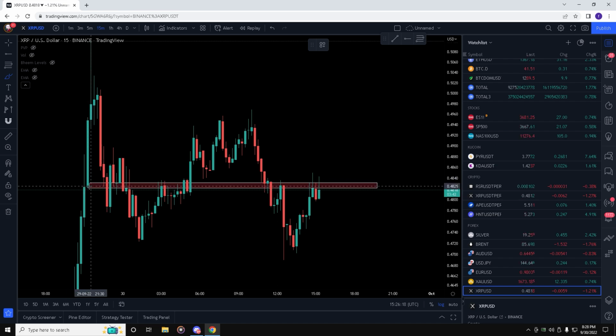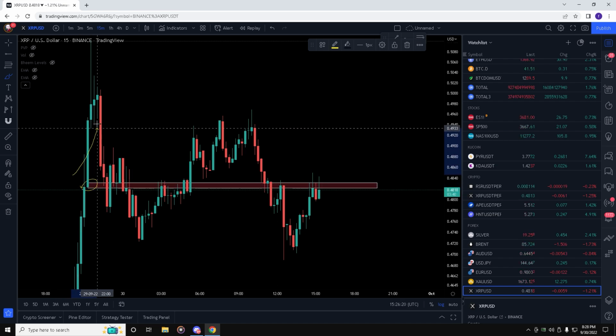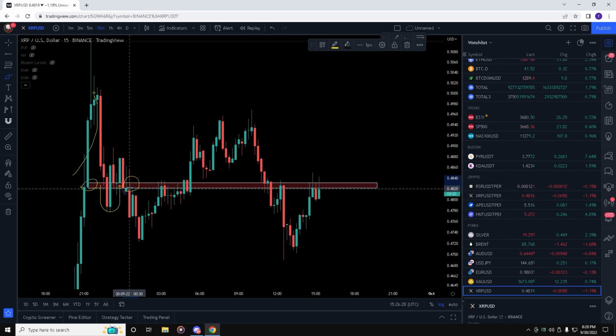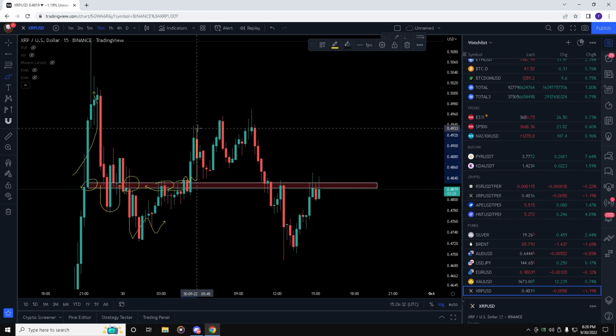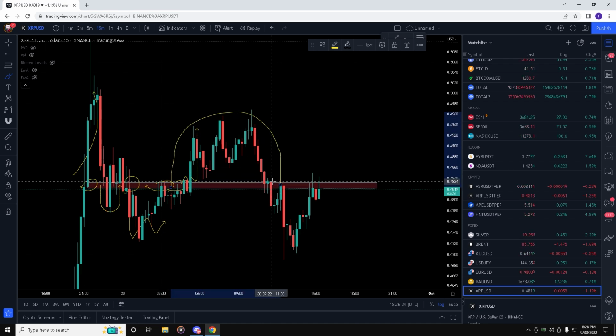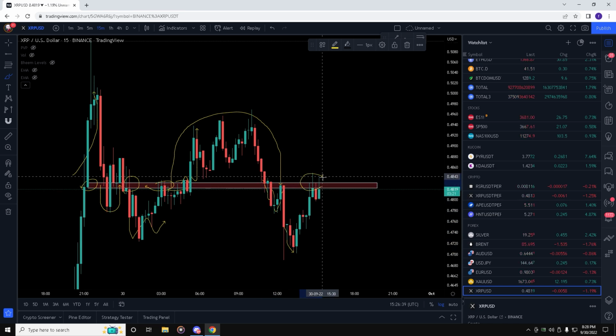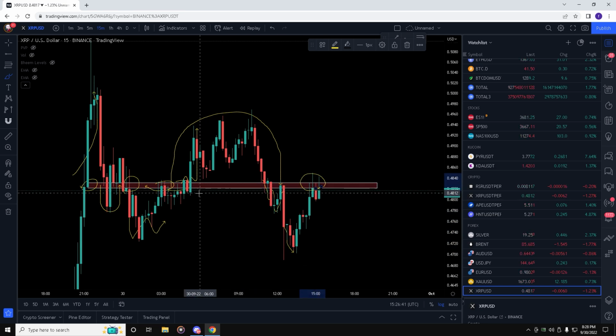First of all, I see that acceptance above this level, we had this whole pump up, then we had some sort of deviation around here, failed retests, SFP here, breakdown, rejections, reclaim and a pump, this whole deviation around here, breakdown, retest of the deviation and dump, and currently it is rejecting the resistance again as well.